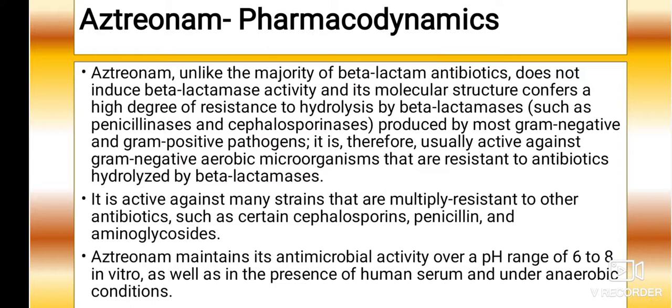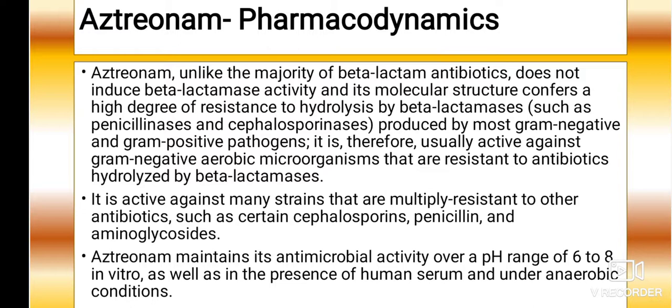Whatever enzymes are produced by the microorganisms, for example penicillinase and cephalosporinase, these are beta-lactamase enzymes. The aztreonam drug is stable against the beta-lactamase enzymes produced by most gram-negative and gram-positive pathogens.